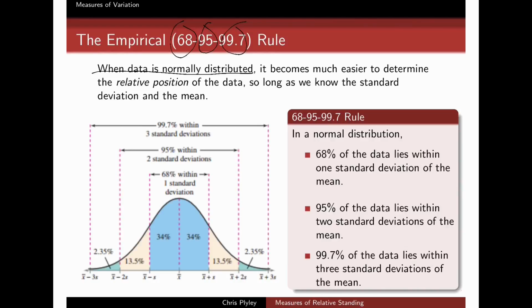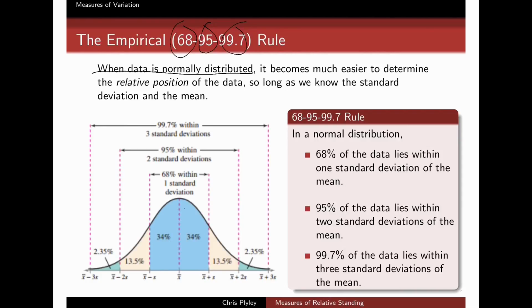But don't forget that I can also use this to determine the percent of my data from 1 standard deviation below to, say, 2 standard deviations above, right? It tells me that this portion of my data should be about 34 plus 34 plus 13.5, that's 81.5. So that should be 81.5% of my data, and so on.